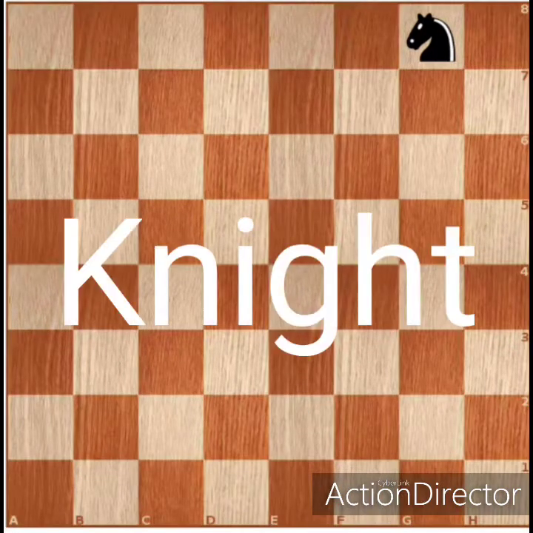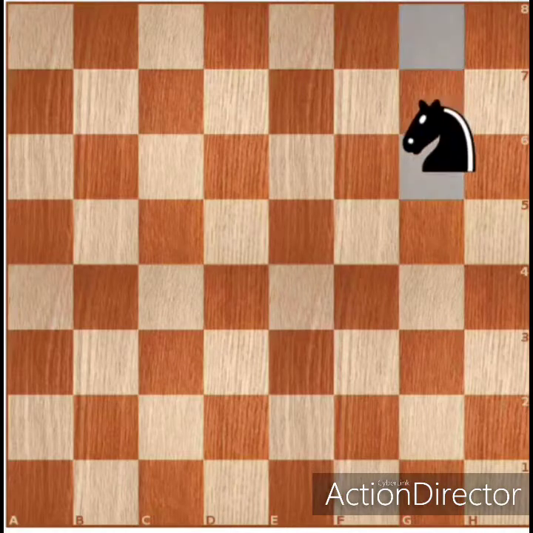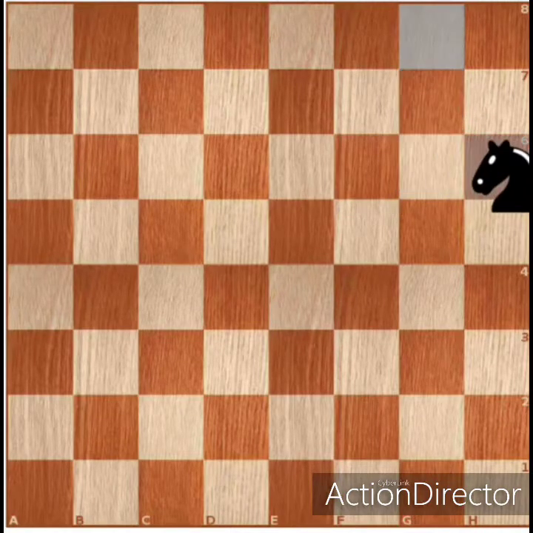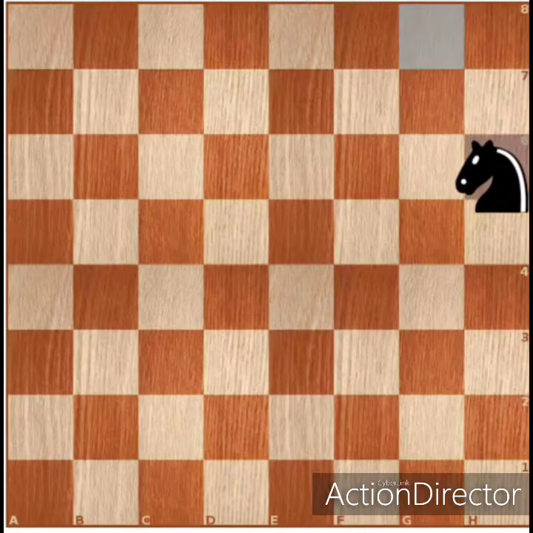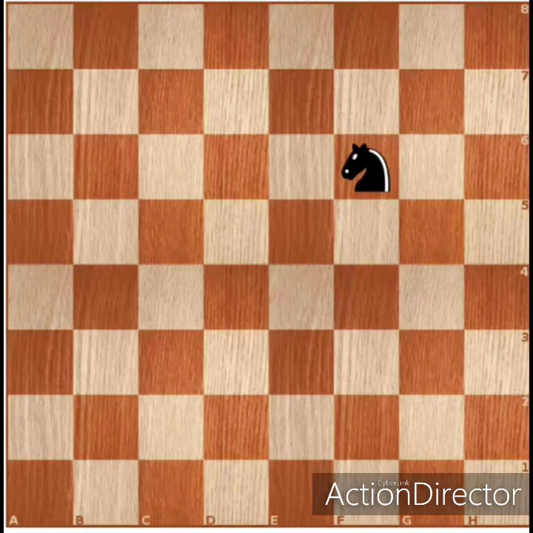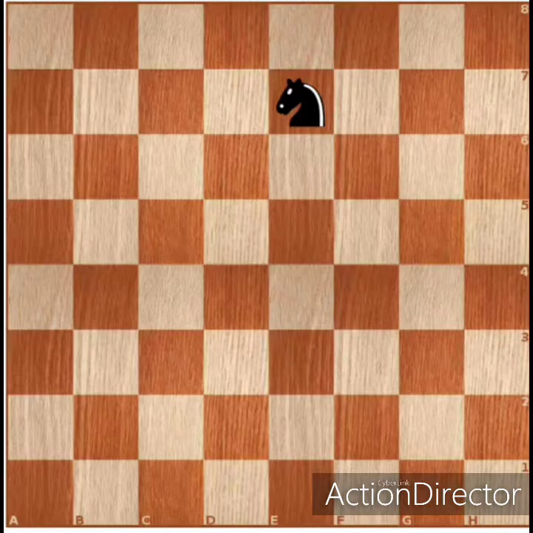Now we can analyze move by move. Now that is the knight. The knight moves one and two and a half. So if the knight is placed on this square, g8, the knight can come to h6, or to f6, or to e7.